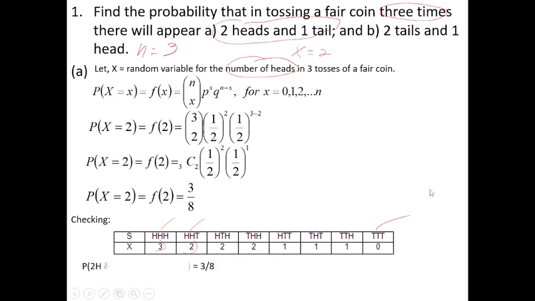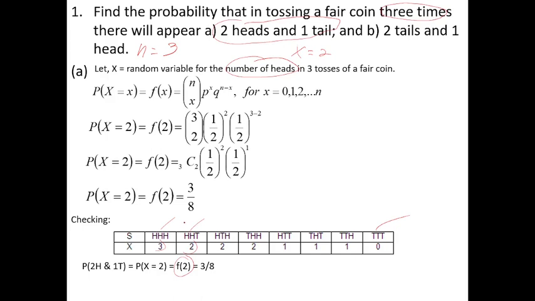So the probability of obtaining 2 heads and 1 tail is equal to the probability that the random variable x is equal to 2. Right? Because we let x be the random variable for the number of heads in 3 tosses of a fair coin. And that is f of 2.